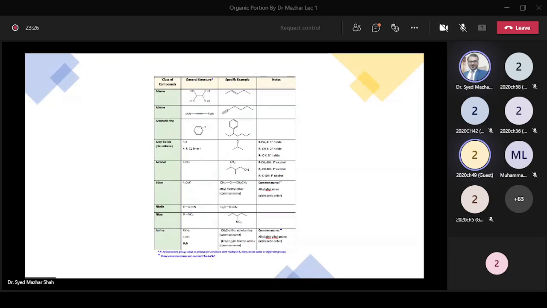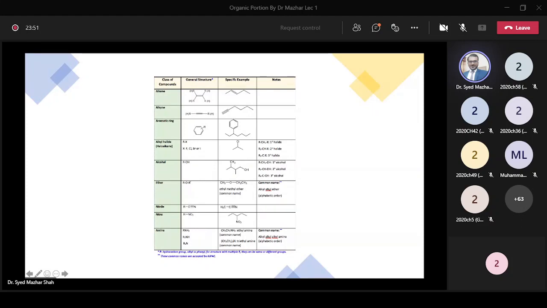Exactly. So it depends on the carbon atom that is bonded to halogen, and then we will see how many carbon atoms that carbon is directly bonded to. For example, in primary halides, if this X or halogen is attached to this carbon atom, and this carbon atom is only attached to one other carbon atom, then it is a primary halide.